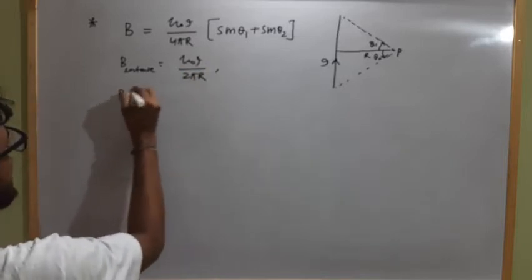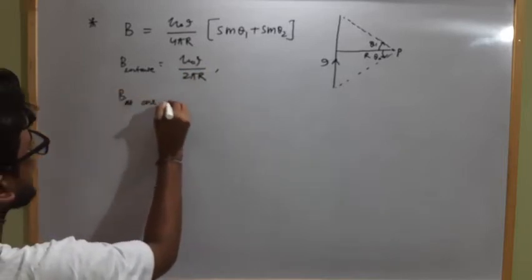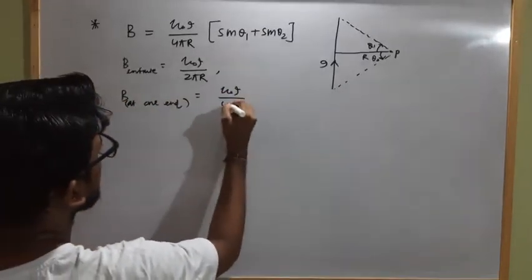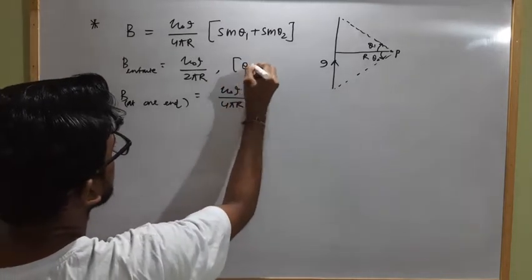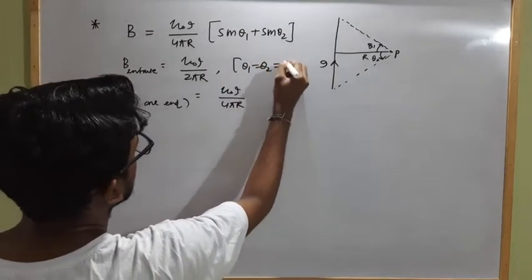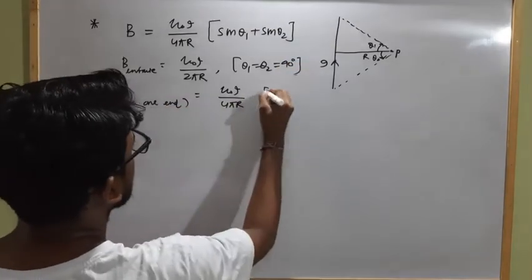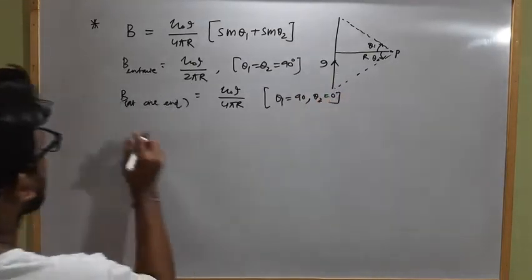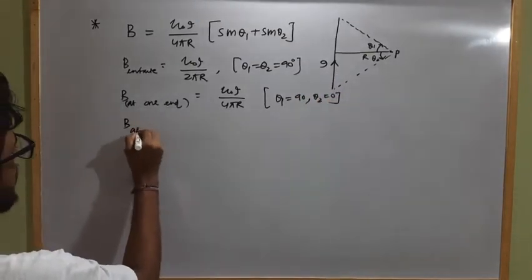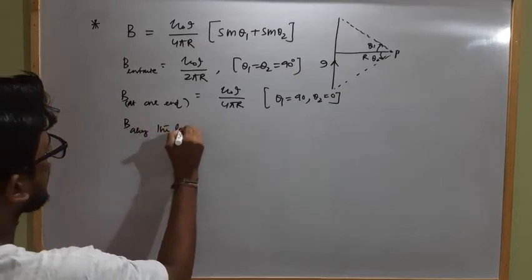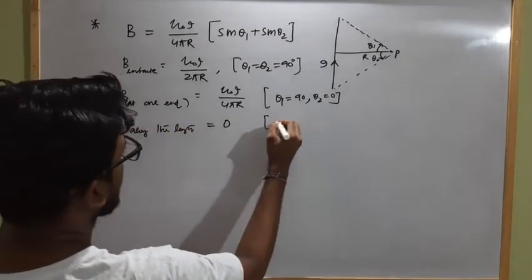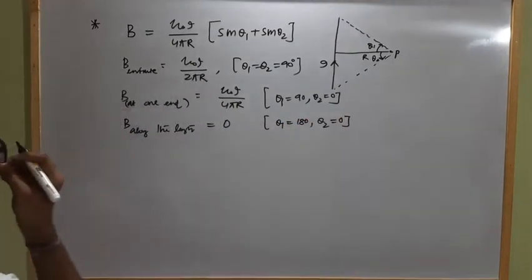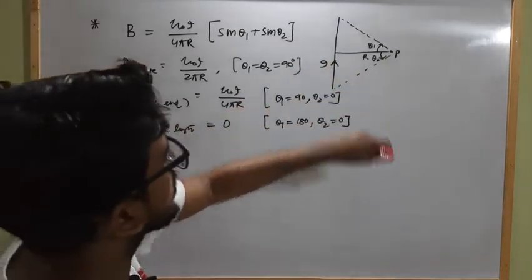For semi-infinite, B at one end of an infinite conductor will be mu naught I by 4 pi r, where theta 1 equals 90 and theta 2 equals 0. And B along the length of the long straight conductor is equal to 0, as theta 1 equals 180 and theta 2 equals 0. Clear? This is the magnetic field strength due to a long straight current carrying conductor.